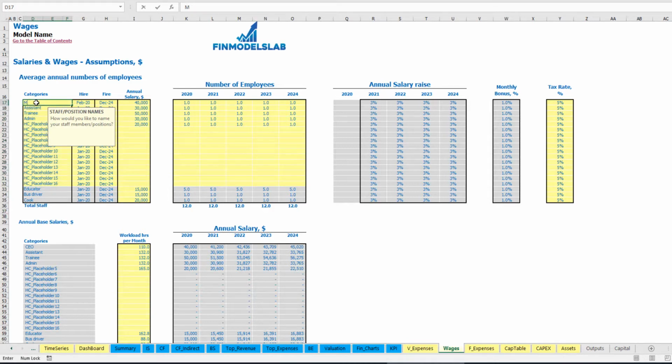For example, manager, you can input hire date, it can be April 20 for example, fire date, December 24, annual salary, it can be $35,000, and you have also number of employees by years. For example, first year it will be 1, the next 2, 3, 4 and 5.